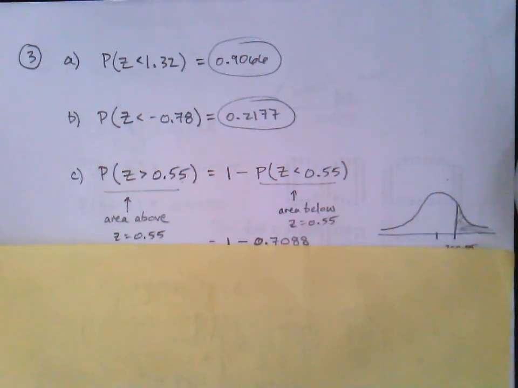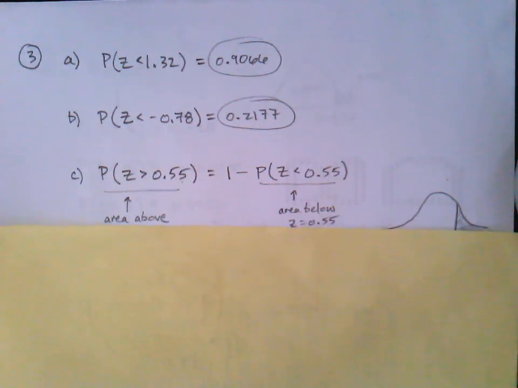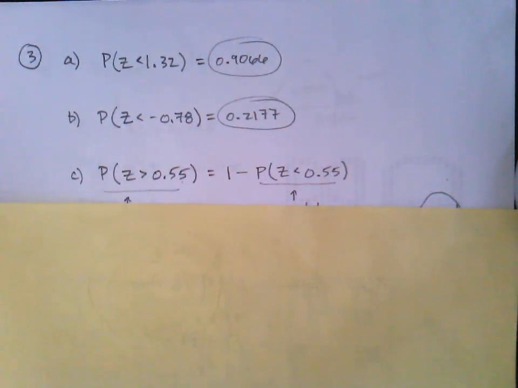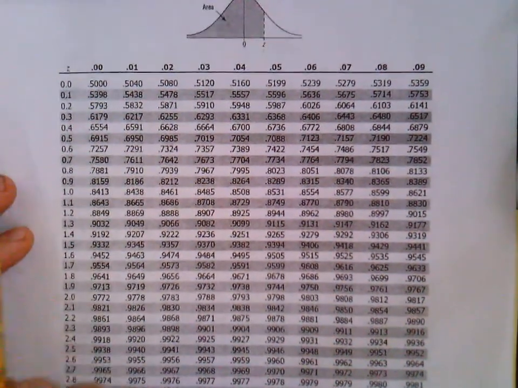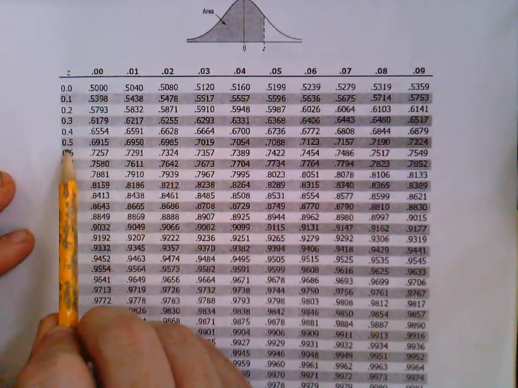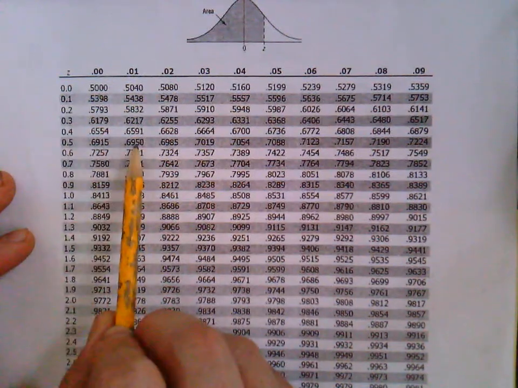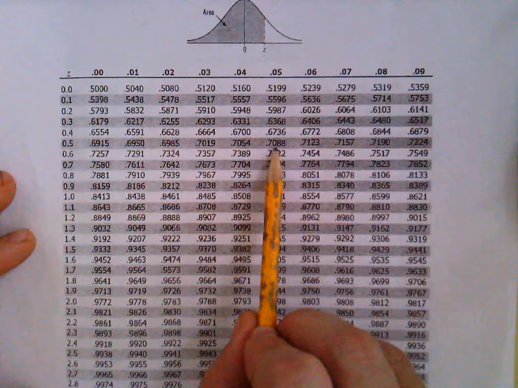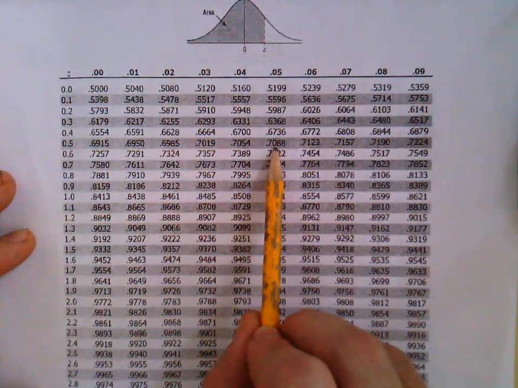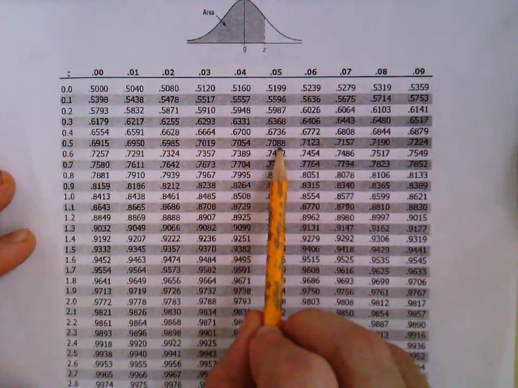And I've got some notes just kind of explaining what's going on there. Let me get to those notes in a minute. Let's look this up. Let's answer the question first. Where is 0.55? Well, I need the positive side. Okay, and so there's 0.5, 0.55, 0, 1, 2, 3, 4, and 5 is right here. 0.55 is 0.7088.